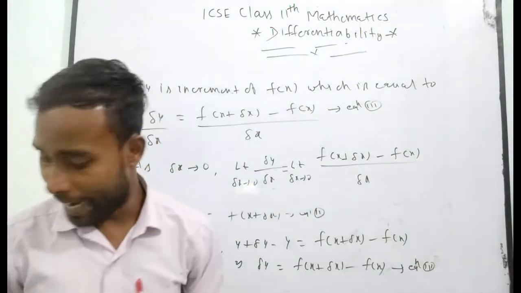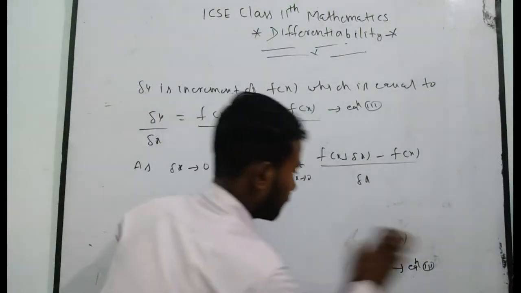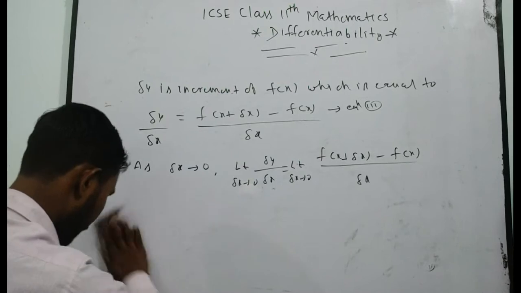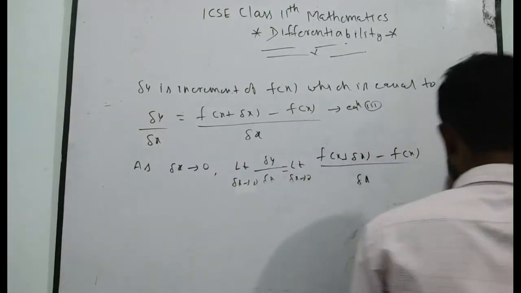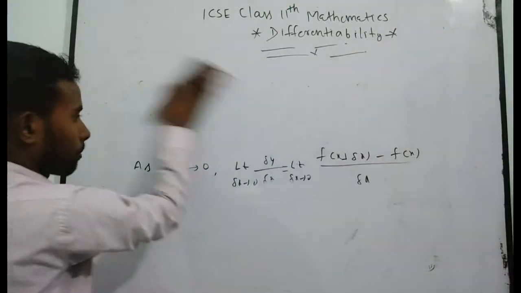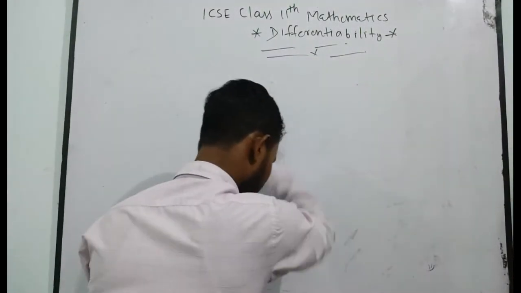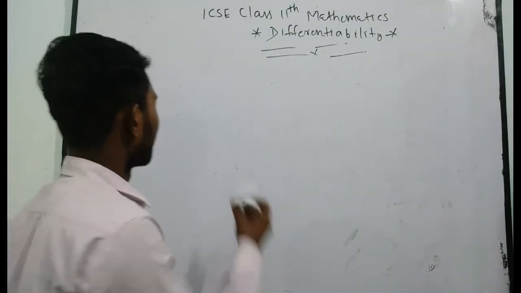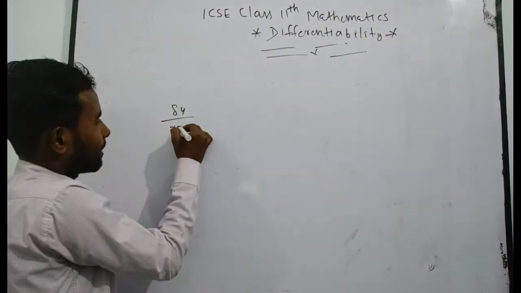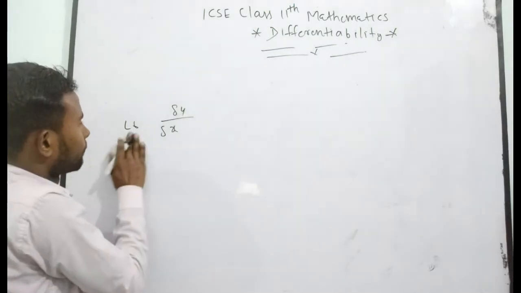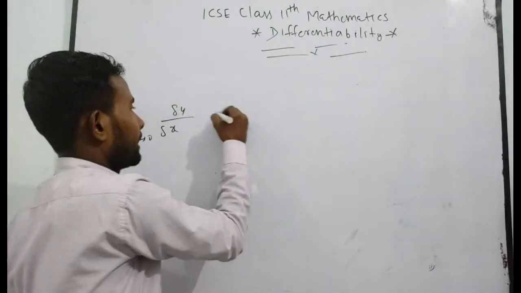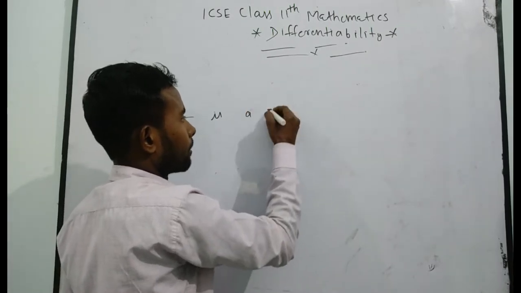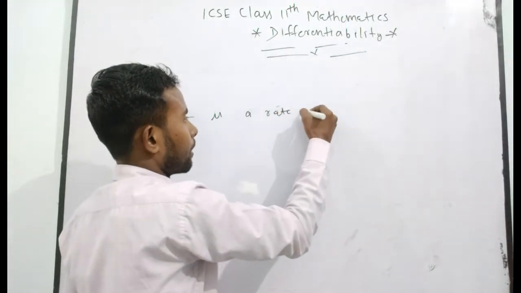Now I want to write again here in explained form. Del y by del x is a rate measure.